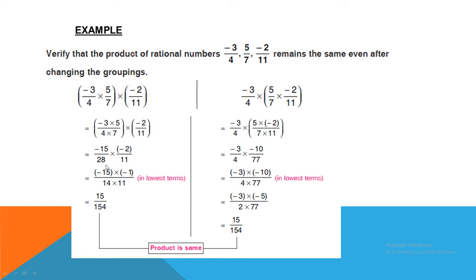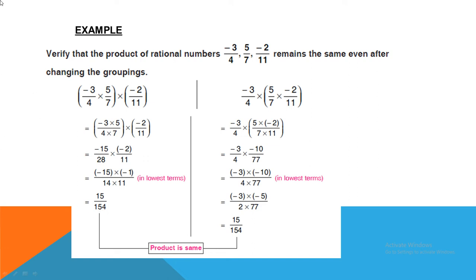Now again check can we cancel it to get the lowest term. 2 and 28 can be cancelled on table of 2. So you get minus 1, denominator 14. So again simplifying them, we get minus 15 into minus 1, negative into negative is positive. So this will be 15 upon 154.